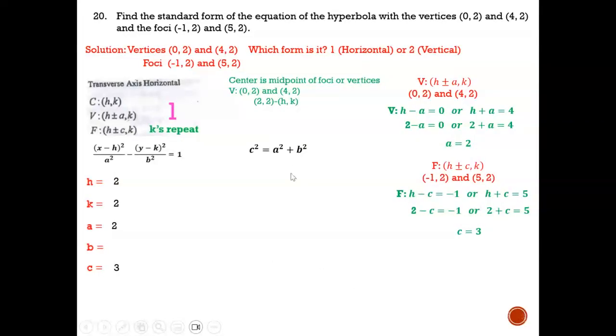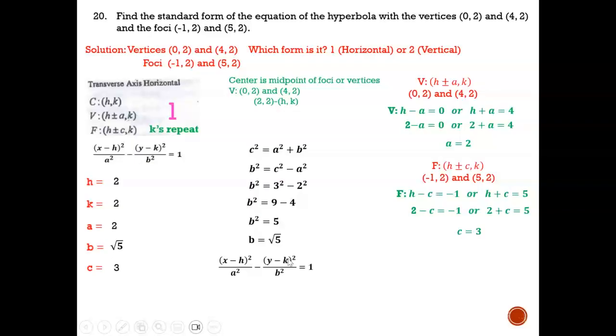Now how do we solve for b? c squared equals a squared plus b squared, so b squared equals c squared minus a squared. Plug everything in: b squared equals 9 minus 4, b squared equals 5, b equals the square root of 5. Now they want us to find the standard form of the equation, so this is the formula we're going to use.